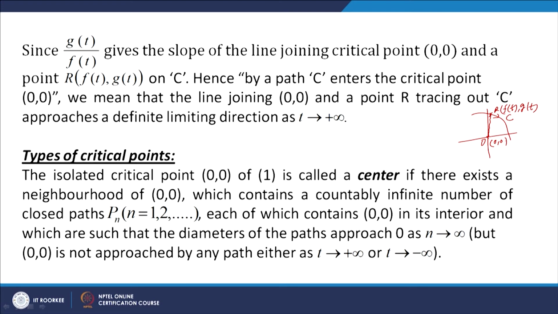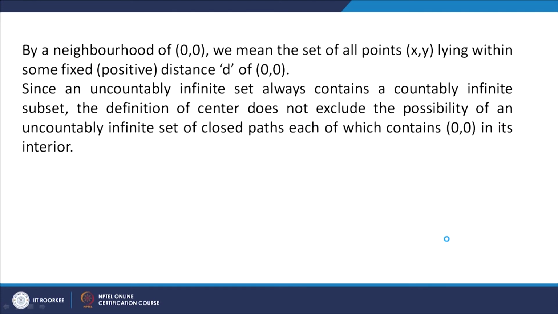The isolated critical point (0, 0) of (1) is called a center if we can find a neighborhood of (0, 0) which contains a countably infinite number of closed paths, each of which contains (0, 0) in its interior and which are such that the diameters of the paths approach 0 as n goes to infinity, but (0, 0) is not approached by any path either as t goes to plus infinity or as t goes to minus infinity.